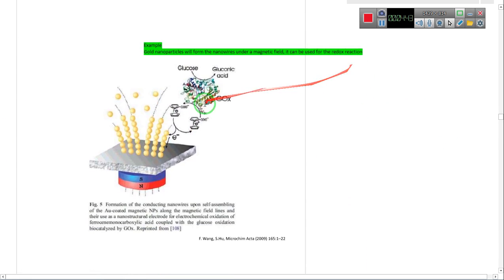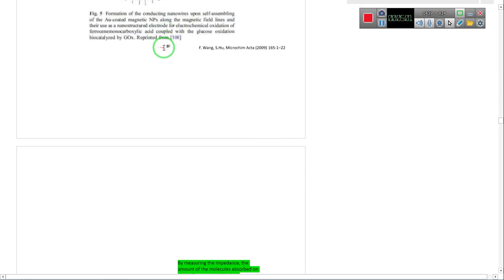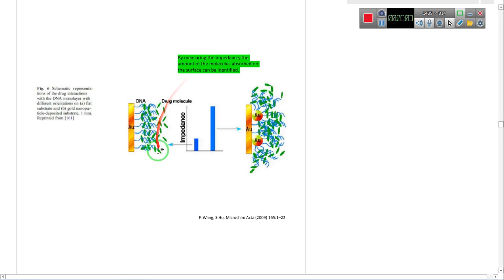Well, here is another example where a magnetic field has been applied so that the gold nanoparticles form the nanowires, and they can be used for the redox reaction. So again, the impedance is going to be changed so that you can use it as a sensor. Again, here we have the sensor, and depending on the amount of the drug molecules which are adhered here, you see that the impedance is going to change.